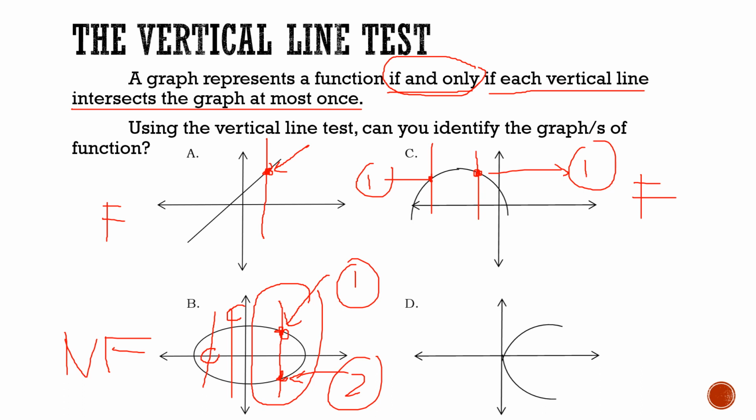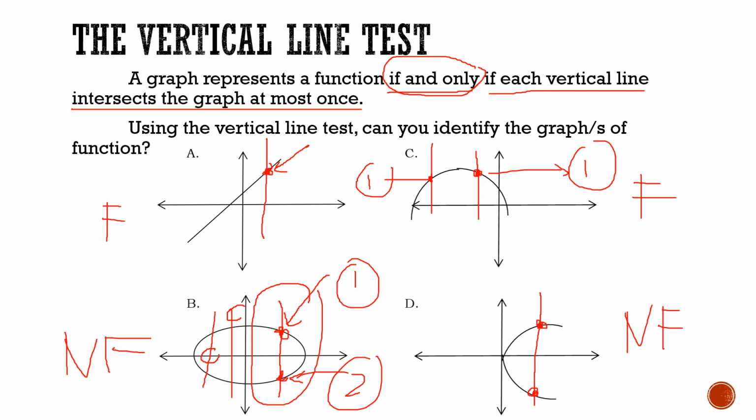Now, going to letter D, does this graph represent a function or not? The same process, we apply the vertical line test. Here there is a point of intersection and another point of intersection here, between your vertical line and your graph. So this graph is not a function.